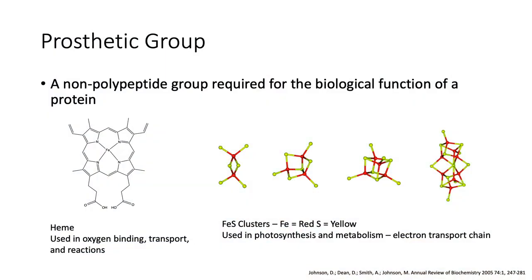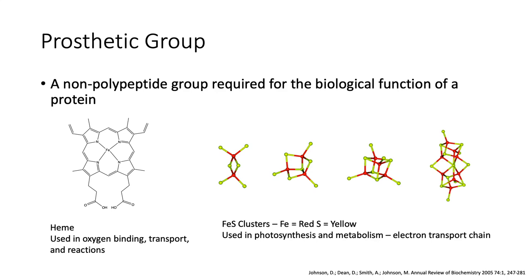Another key piece of protein structure are prosthetic groups, and these are groups that are not made out of amino acids. They are not peptides, but they are very important for protein function. Some examples are iron-sulfur clusters. So these are some 3D representations of what an iron-sulfur cluster would look like, where your iron centers are red and the sulfurs are these yellow balls.